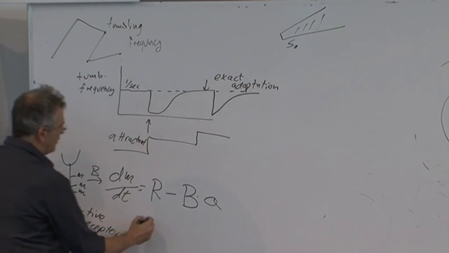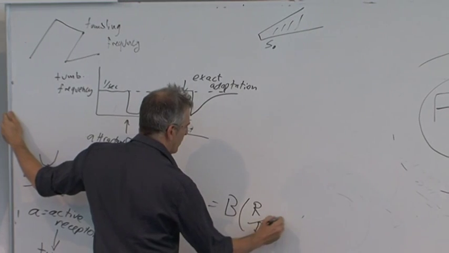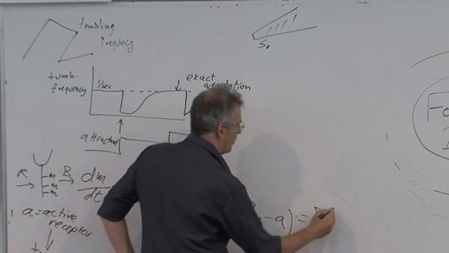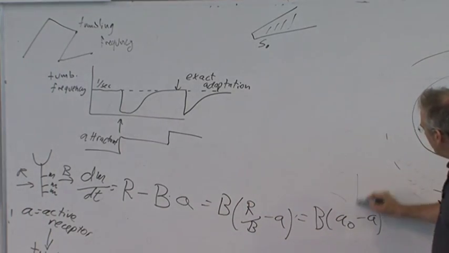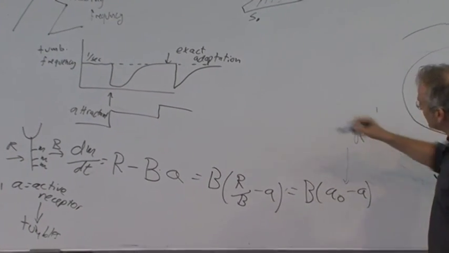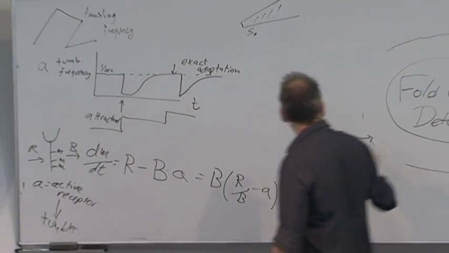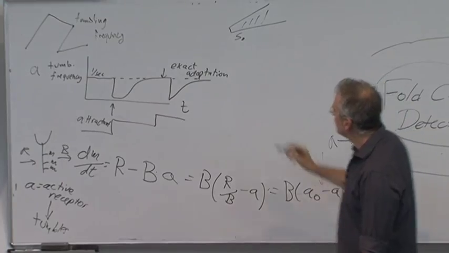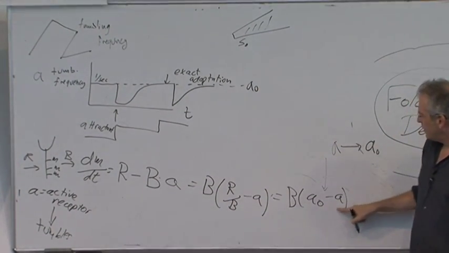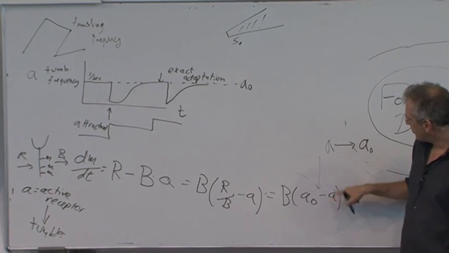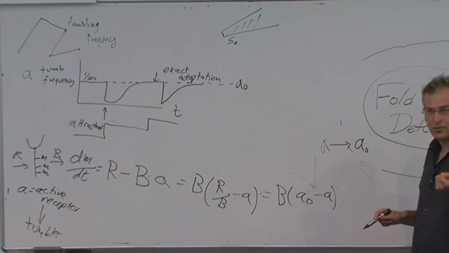And this means that the only way you can get steady state is if this activity, which goes like the tumbling frequency, so I can write here A, this time, goes to A0. That is to say, and this is A0. So built into this equation is that the only way to get steady state is if A goes to this A0.